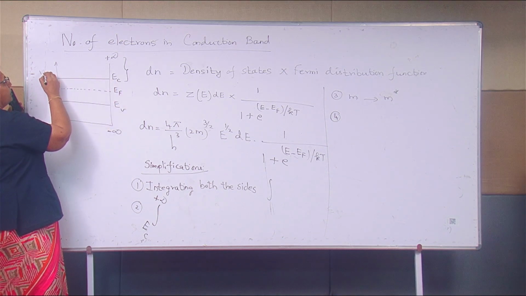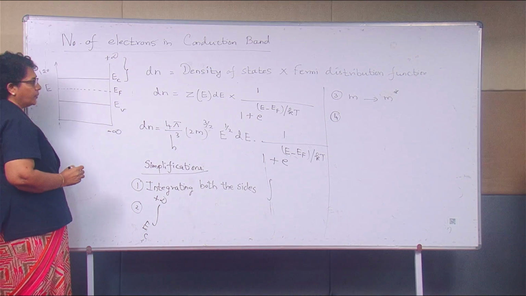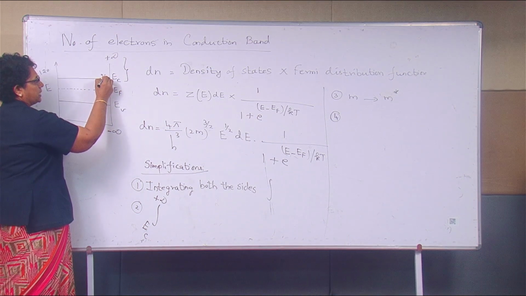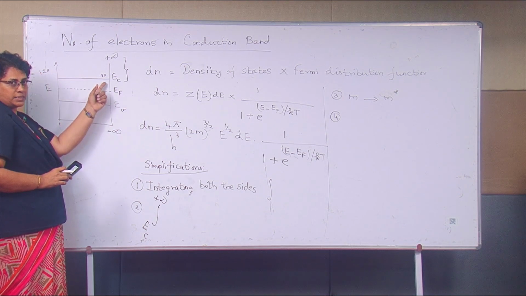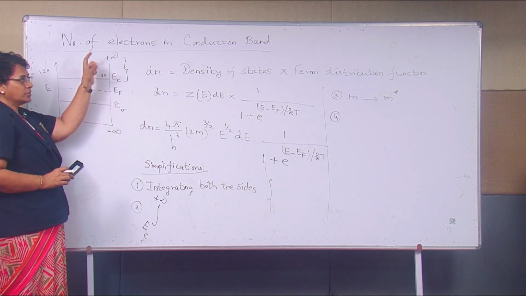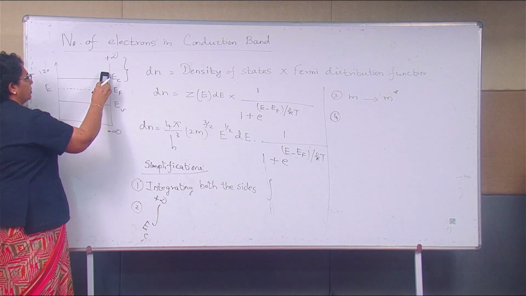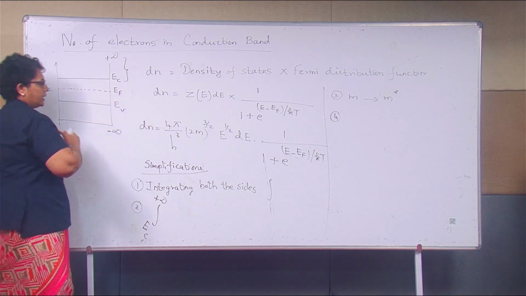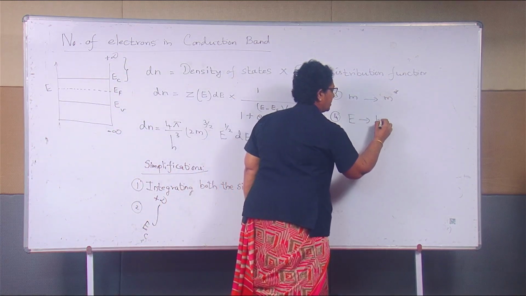Suppose the value is 120 and this is 90, how can you find out the remaining value? 120 minus 90, 30. So 30 will be the remaining portion. So you want to concentrate like this. So you can write the ordinary E as E minus EC.